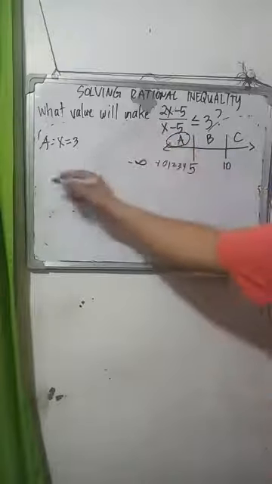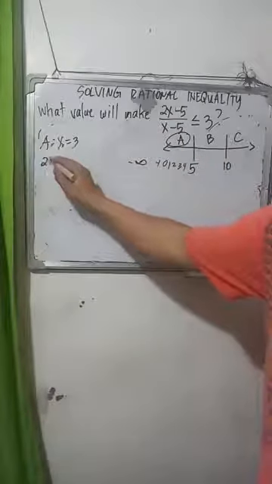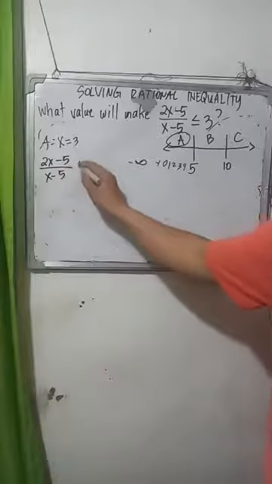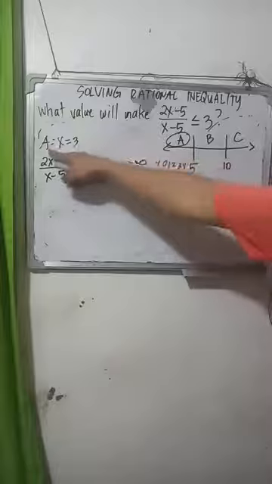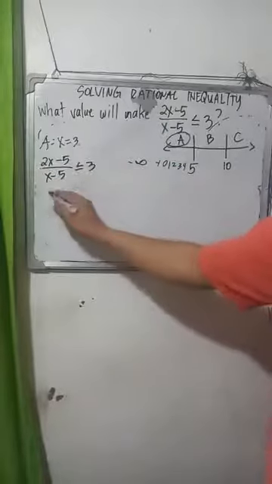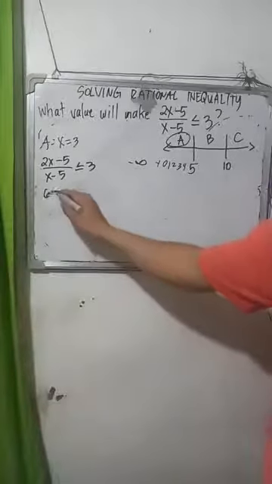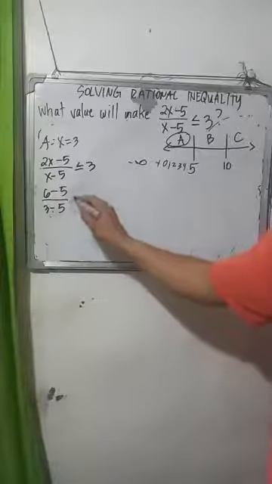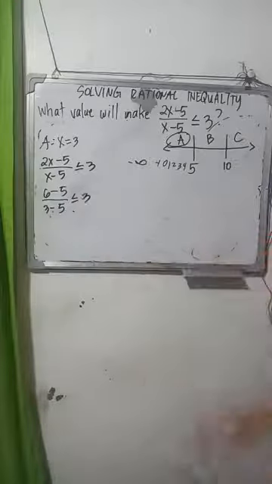So, that is 2x minus 5 over x minus 5 less than or equal to 3. When x is 3, that is belong to interval A. So, 2 times 3, that is 6 minus 5 over 3 minus 5 less than or equal to 3.